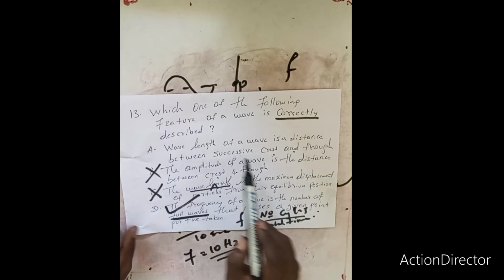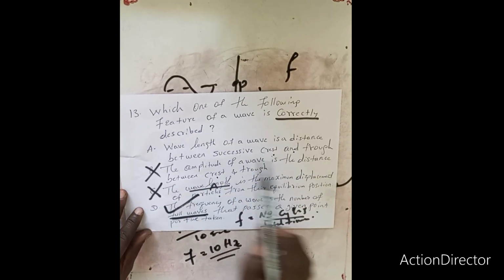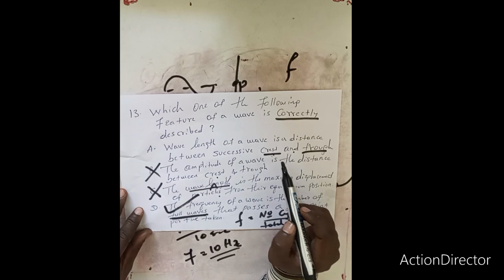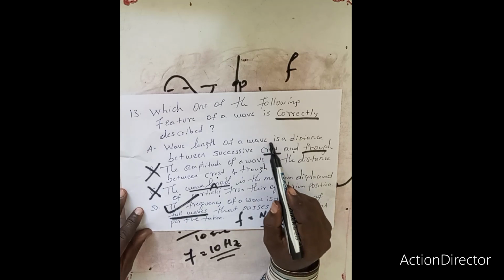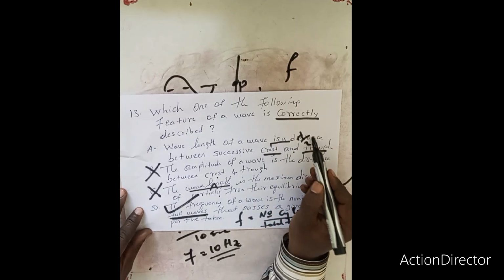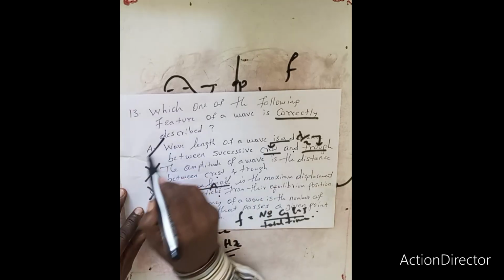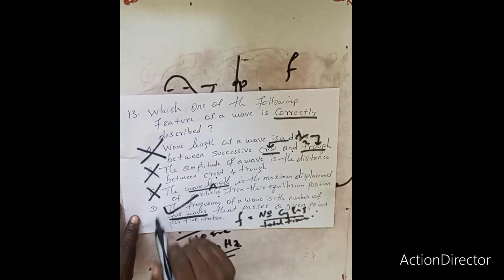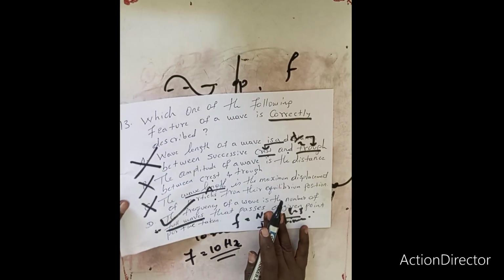So that is the correct answer. But the distance between crest and trough is not the wavelength; it is half of the wavelength. So the correct answer is D.